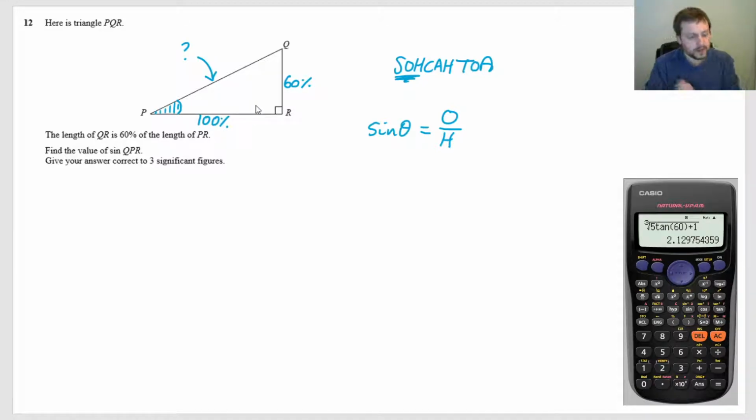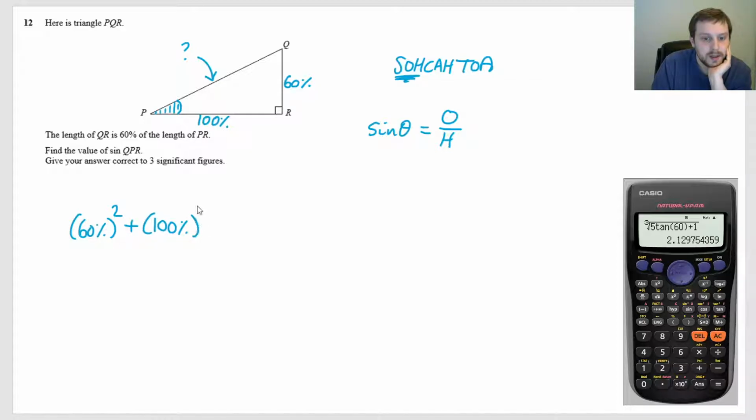So how are you going to figure out the hypotenuse of a right angled triangle when you've got the other two sides? That's right, yes, Pythagoras. Okay, so I'm going to do 60% and square it. I'm going to add that to 100% and square it. And maybe it's a bit overkill really to be sticking the percentage signs on as well, by the way. Just make everything 100 times bigger.